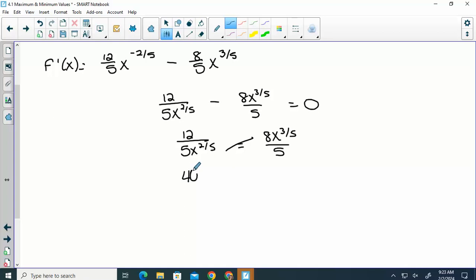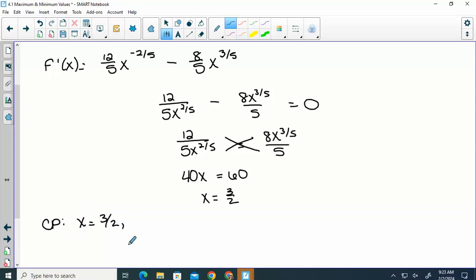So we would have 40x, 2/5 plus 3/5 is just 1, equals 60. Divide by 40, so we get 3/2. So my critical points. 3/2 is where this derivative is 0.